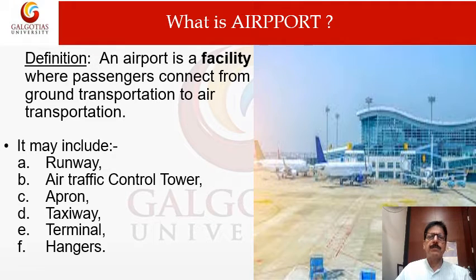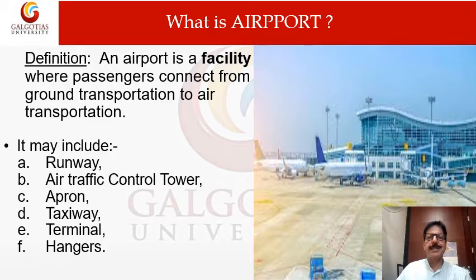Now the airport provides the interface between two transportation systems, that is ground as well as air. To achieve this, it includes a runway for takeoff and landings, and an air traffic control system at the tower, which helps and facilitates these movements. Then we have the apron where aircraft are parked, aircraft movements are taken, and where passengers can board and get down from the aircraft.